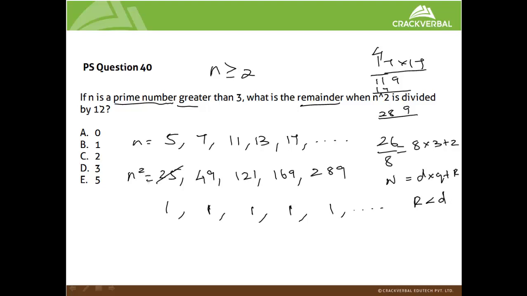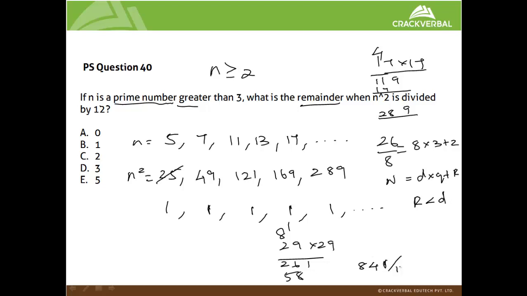But if a few students have some hesitation, you can try a bigger number. Let me try 29. What is 29 square? 9 nines are 81, 9 twos are 18, and so on, giving 841.